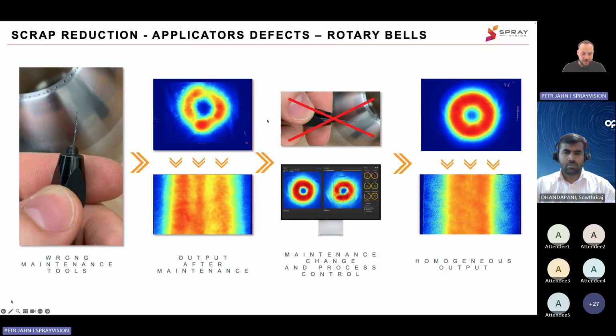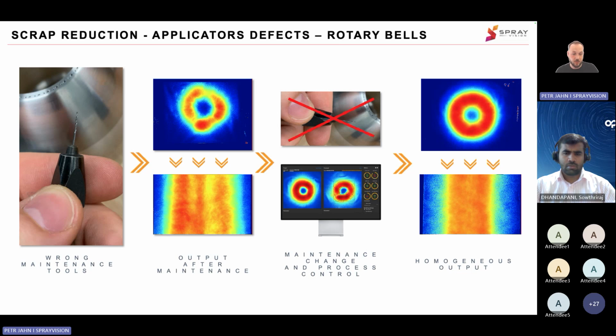Stability and maintenance are strongly connected. Good maintenance means better stability. Of course, sometimes the maintenance is not that good, as in this use case. For example, if you are using bad tools or a bad workflow for maintenance, as you can see here, a drill for cleaning the applicator is a really bad idea.